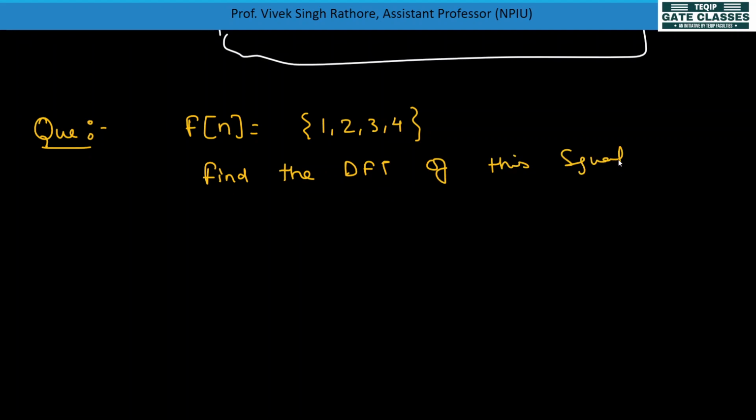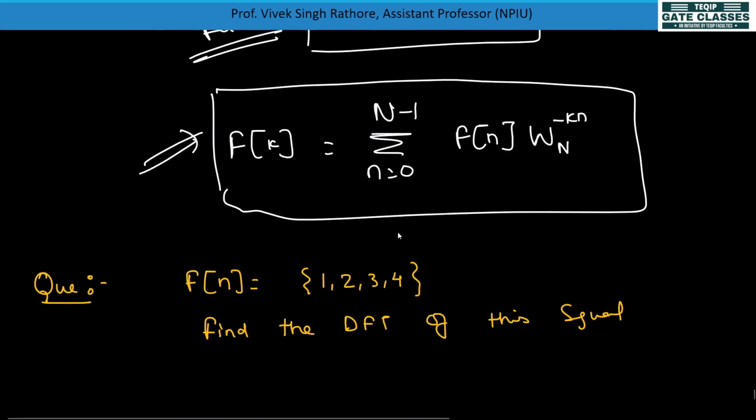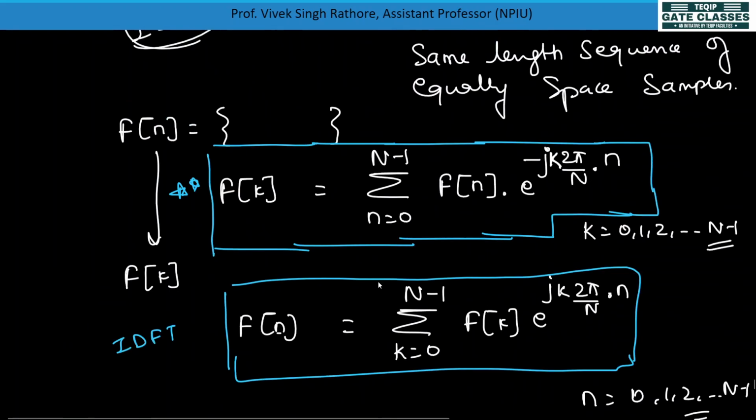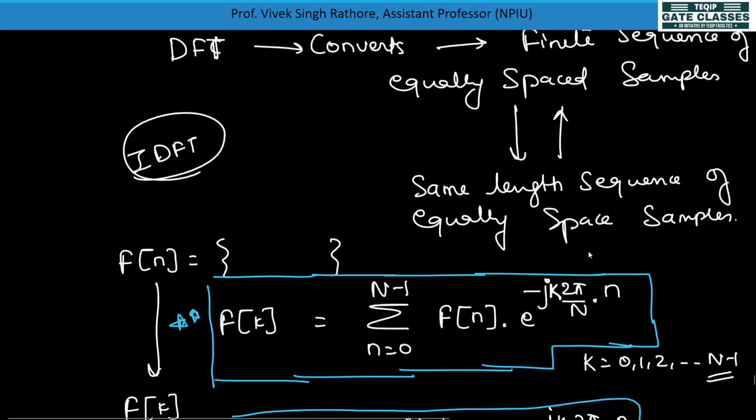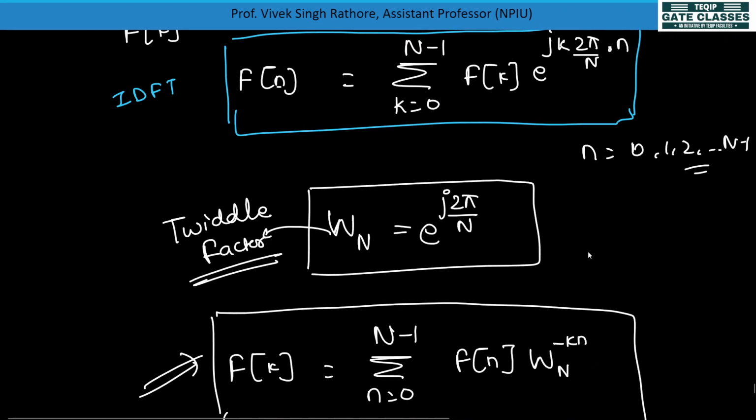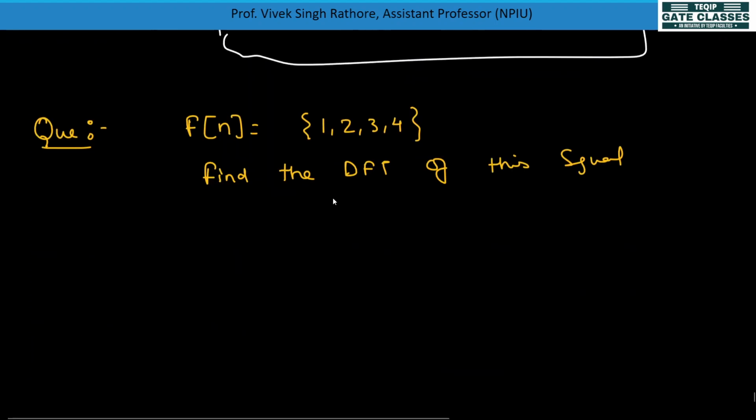Now you would have understood that f of n is given, and obviously it is a finite sequence of equally spaced samples. I will write here n equal to 0, n equal to 1, n equal to 2, n equal to 3.